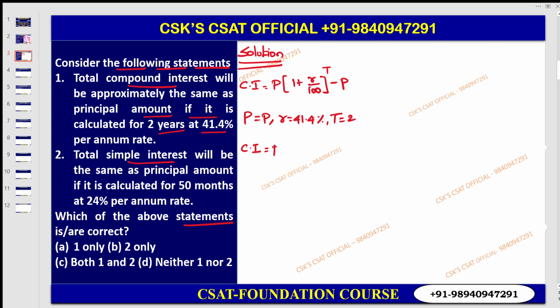I'm substituting P because I'm taking the principal as P itself. So P into (1 plus 41.4 by 100) the whole square, minus P. Now you can take the LCM: 100 plus 41.4 becomes 141.4 by 100, the whole square, minus P. Dividing by 100, you move the decimal two places to the left. So therefore (1.414) the whole square.